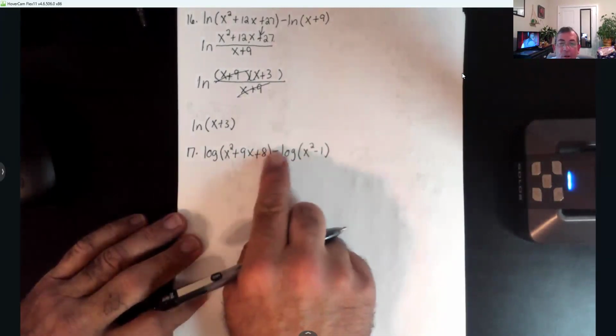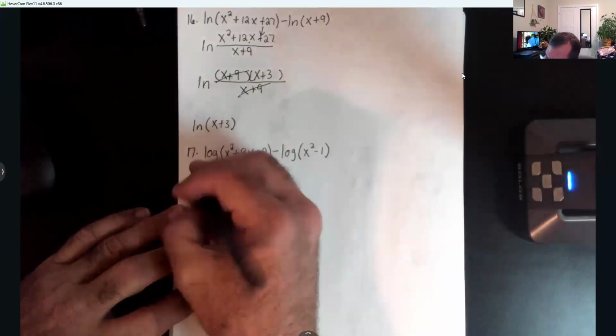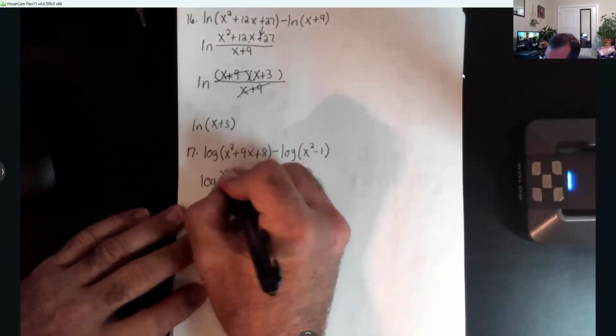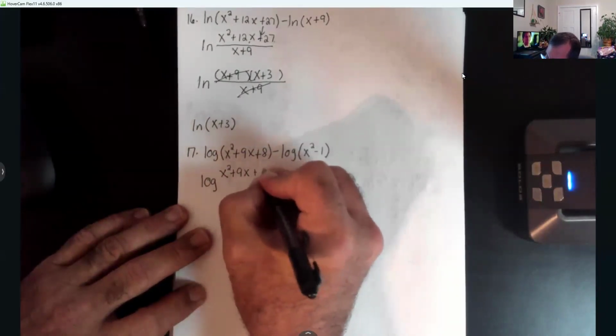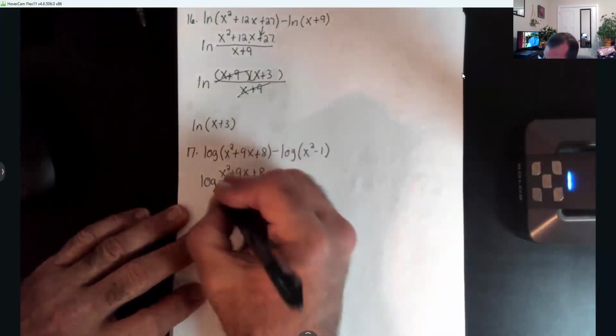All right, so nothing I can do but rewrite this. The positive on top, subtraction on the bottom. So I've got my log, and on top, x squared plus 9x plus 8 over the x squared minus 1.